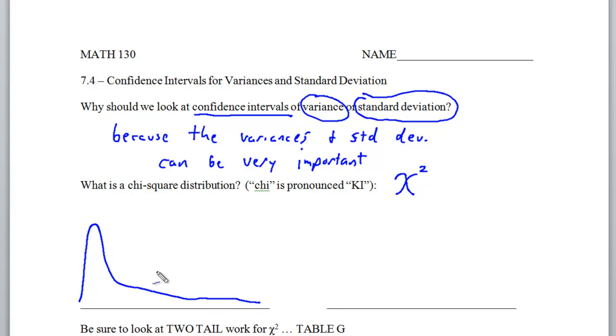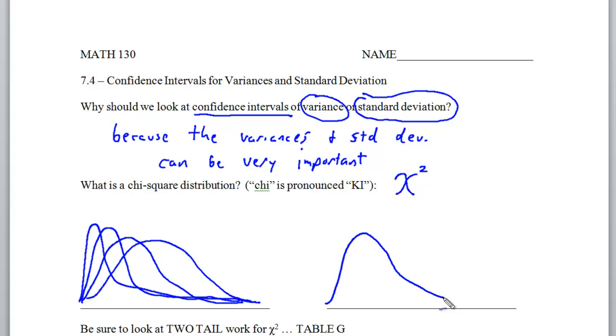But as your sample size gets bigger and bigger, up to about 100, you're going to get these families of curves that look more and more symmetric. So by the time you get to 100, you're going to have a pretty symmetric curve. But since we're dealing mostly with very small sample sizes, we have this skewed right curve.